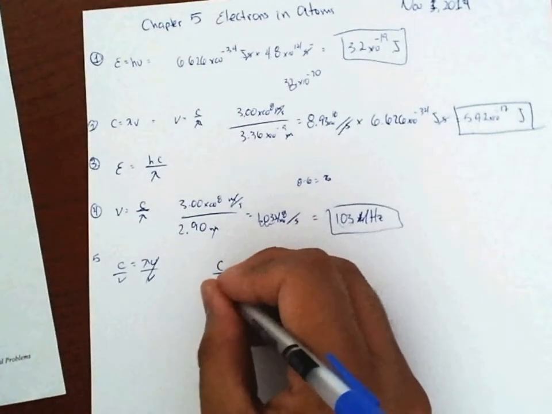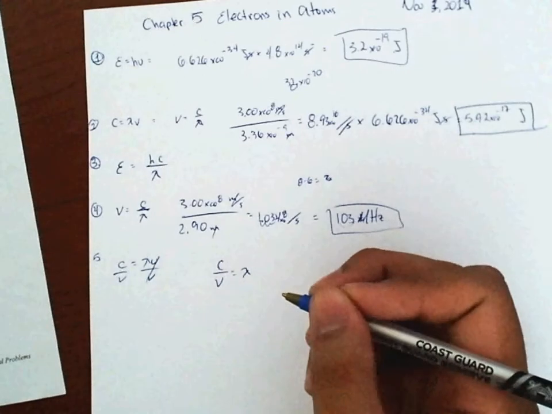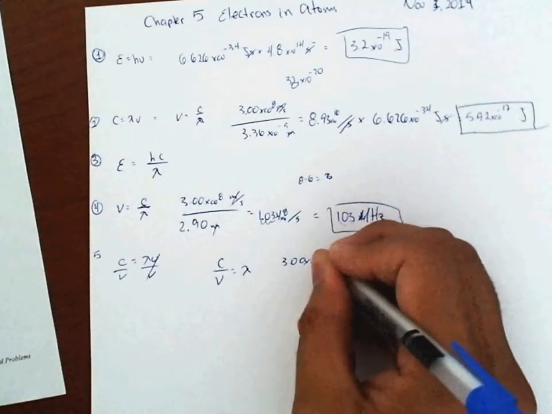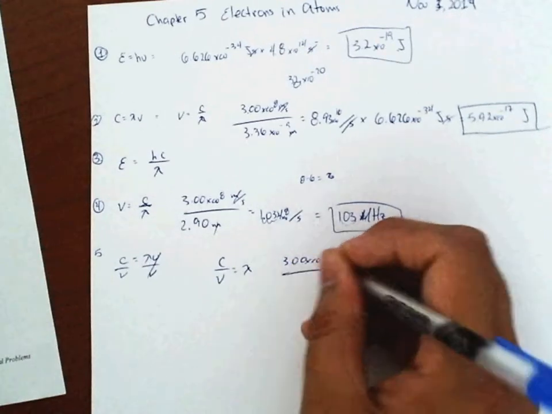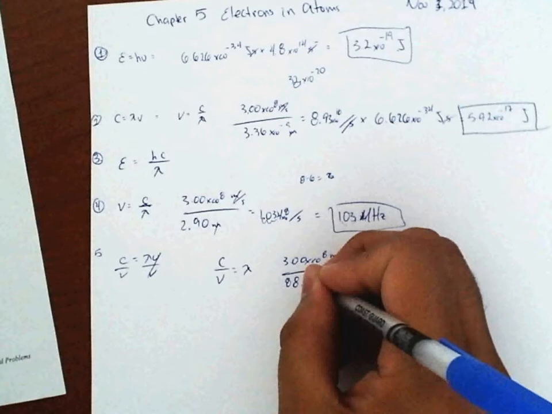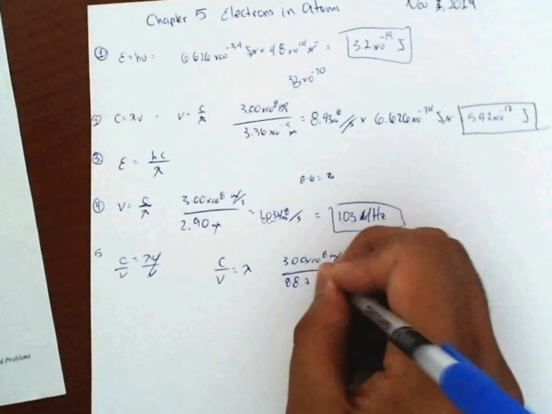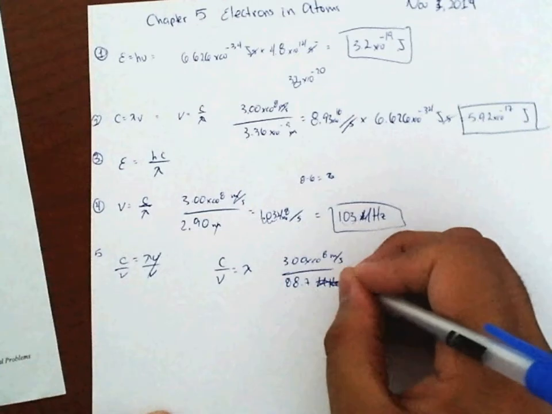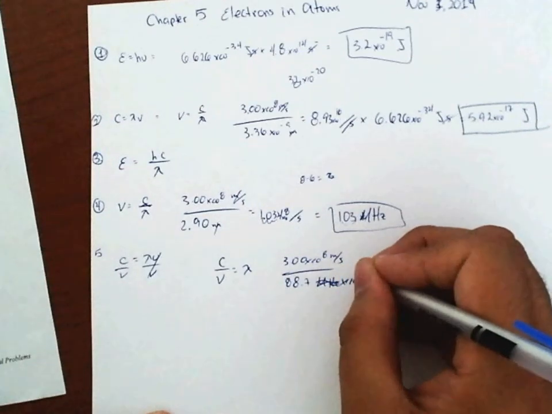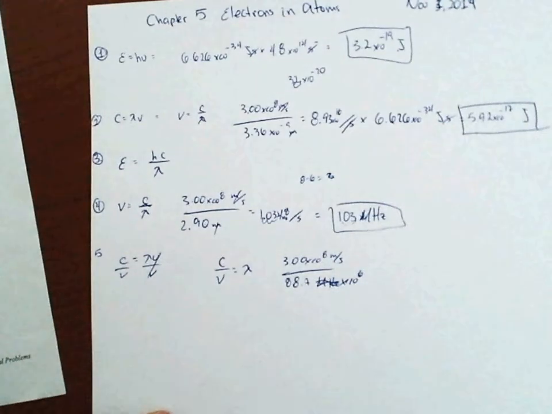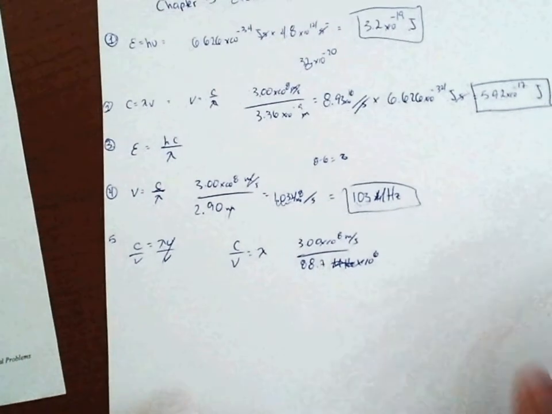So I have c divided by v is equal to lambda, and the speed of light is 3.00 times 10 to the 8 meters per second. I'm going to divide that by 88.7 megahertz, or that would be times 10 to the 6. So I can put times 10 to the 6, and you do the math.